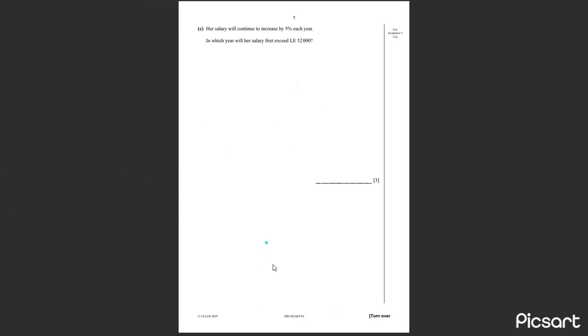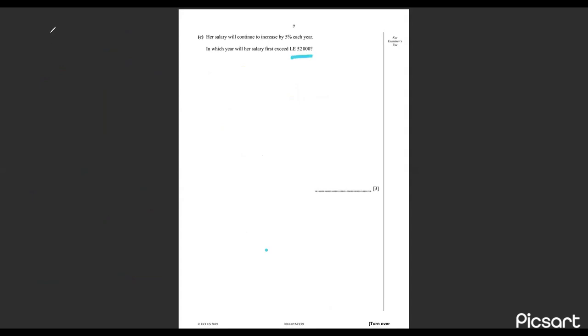Her salary will continually increase by 5% each year. In which year will it exceed 52,000? Okay, she has a salary of 45,150 in 2018. If you remember, that's in 2018, she has a salary of 45,150.